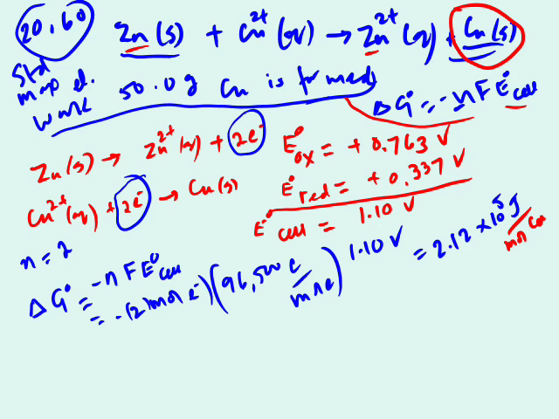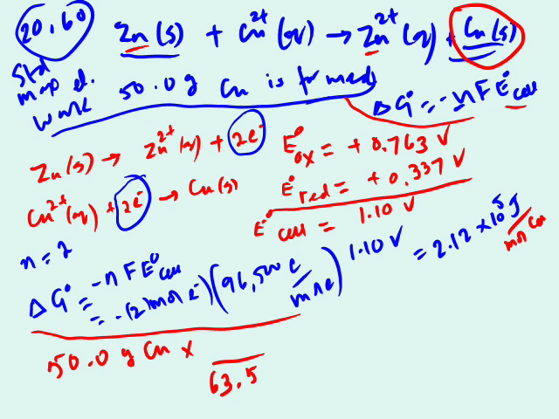So we need to change 50 gram of copper to moles of copper. 50.0 gram of copper times, looking at the periodic table, the atomic weight of copper is 63.55 gram per mole. This gives you 0.787 mole of copper.